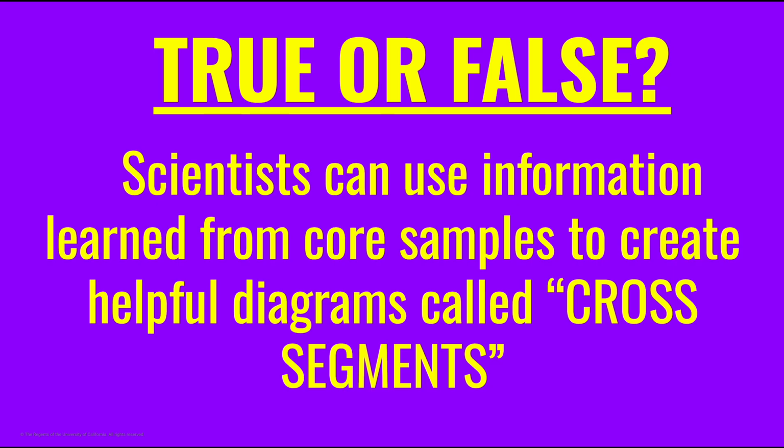Here's our next review question. True or false? Scientists can use information learned from core samples to create helpful diagrams we call cross segments. Answer that question now. And this was kind of a tricky one. Kind of sneaky, Mr. Larson. This one is actually false. They're not called cross segments.